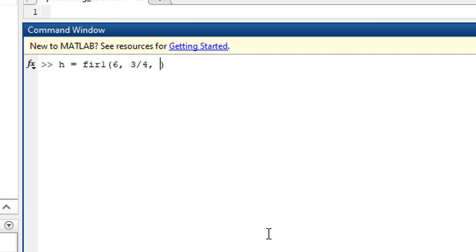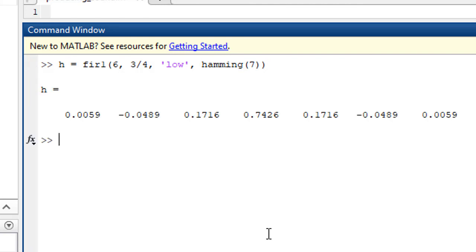Comma. The next argument is the type of filter. We are designing a low pass filter, so in single quotes I write LOW. Comma, and the last argument is which window we have to use. It is Hamming window, right? So HAMMING is the command, and the length of the window is 7. Fine. If I hit enter, this is what we got.